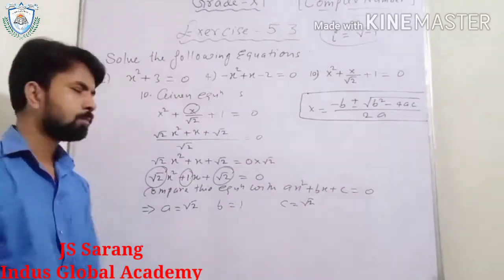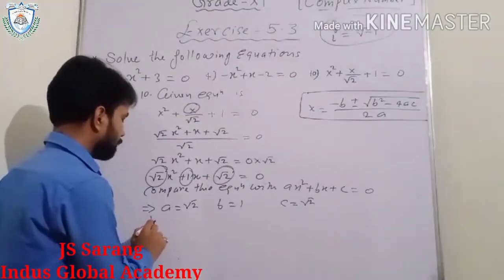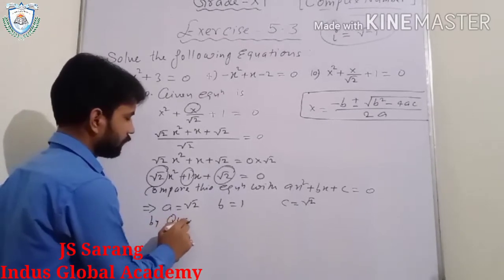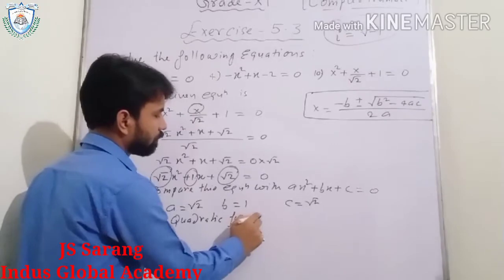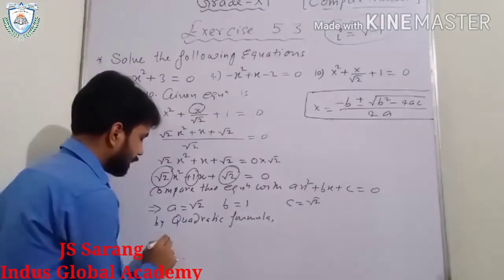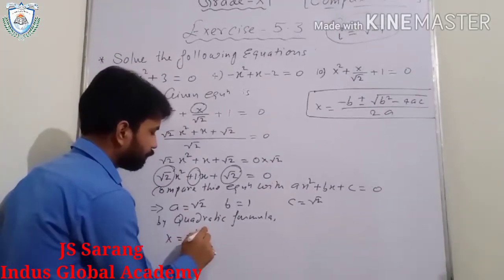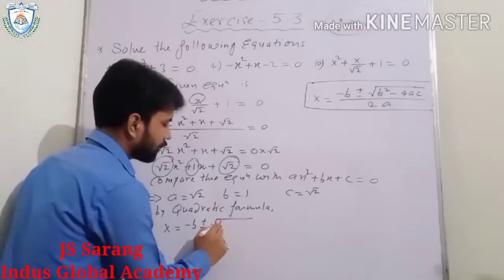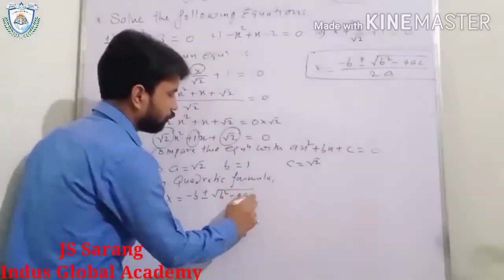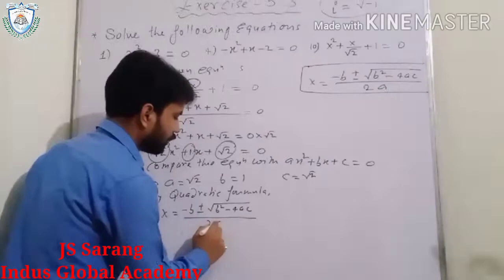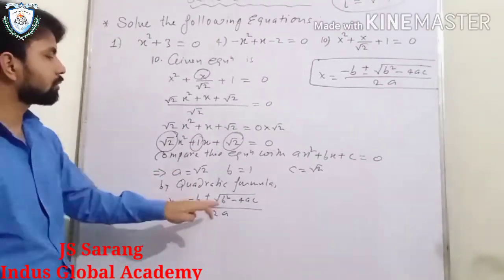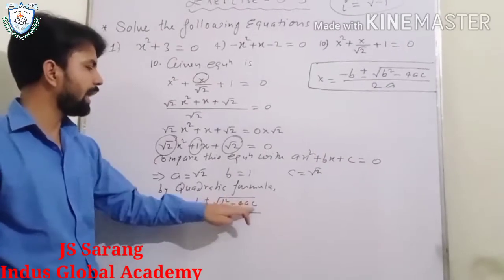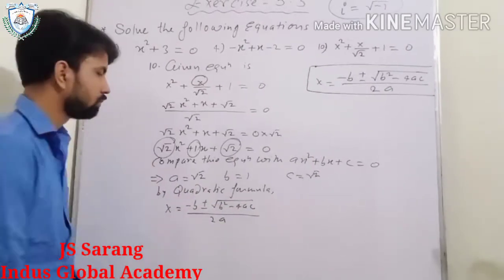Hope it is clear. Now by quadratic formula, this is x equal to minus b plus minus under root b square minus 4ac upon 2a. Clear? Now we will substitute the values of a, b and c in this formula.